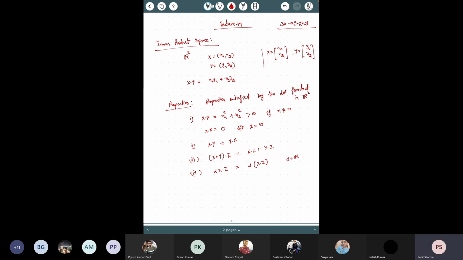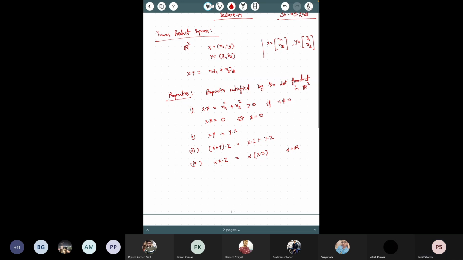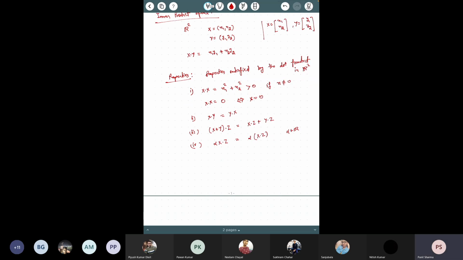One can easily check that these properties are satisfied for the dot product in R2. But what information do we get from this dot product, at least in R2?